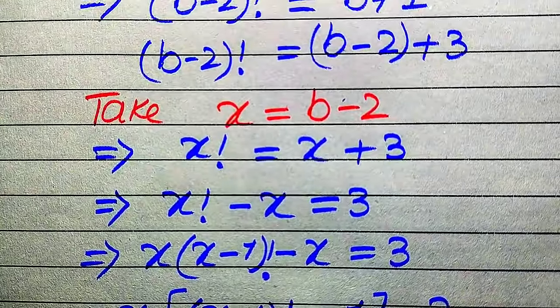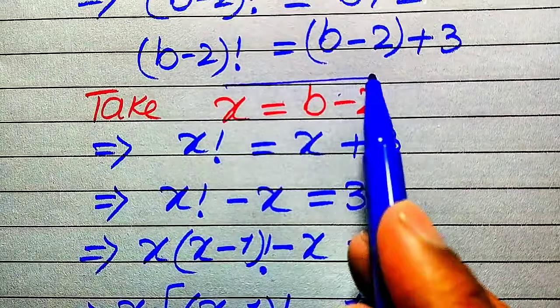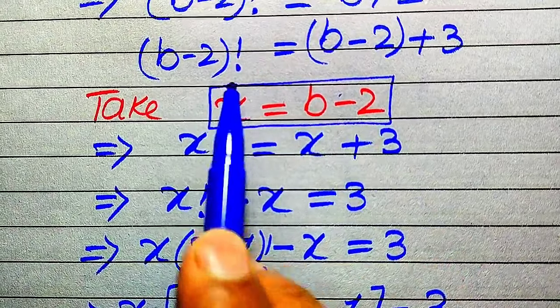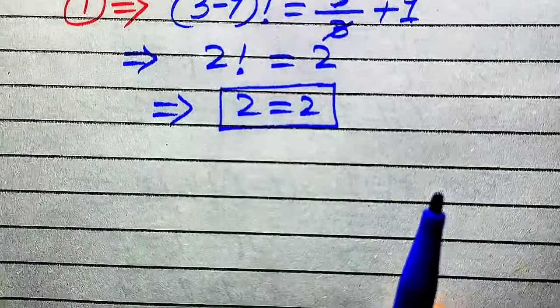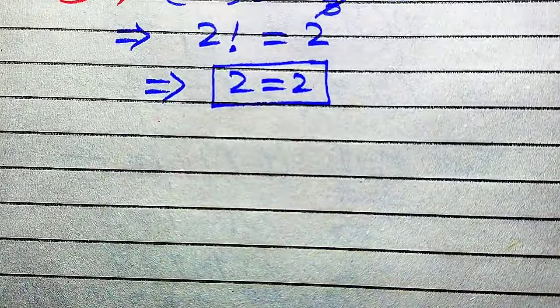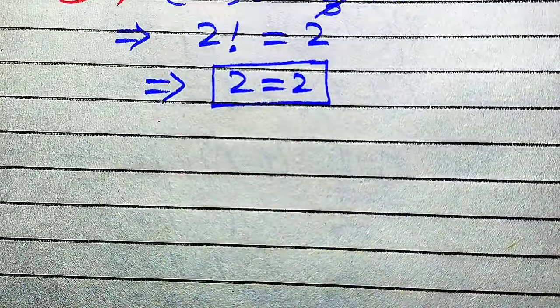And now we move backward, and you see here in the start of the problem we took x equals b minus 2. So we need this term again. So here we move backward and we copy down x equals b minus 2.